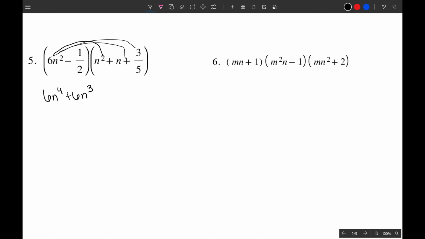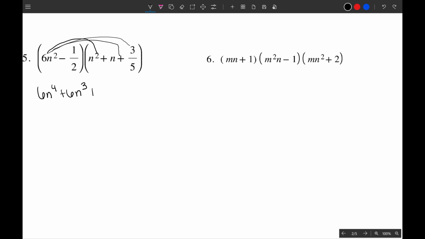Then 6n squared times 3/5 would give me 18/5 n to the second. Then we have negative 1/2 n squared is negative 1/2 n squared. Negative 1/2 times n is negative 1/2 n. And negative 1/2 times 3/5 is negative 3/10.